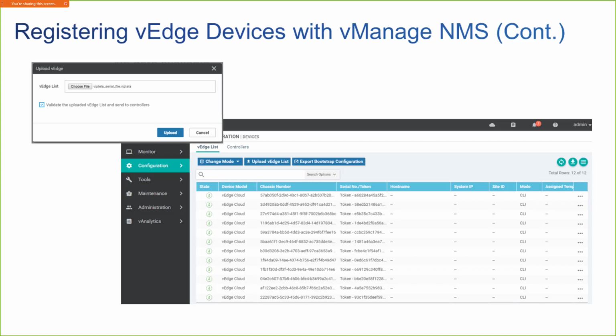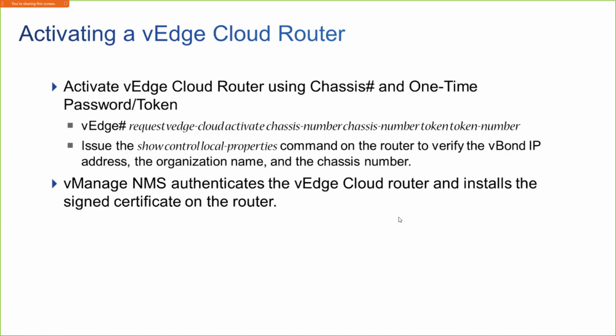If I want to activate a Vedge cloud router, that's slightly different. It's not completely different, but it's slightly different. We still have a serial number file. Obviously, we don't have the specific IDs that we would have.